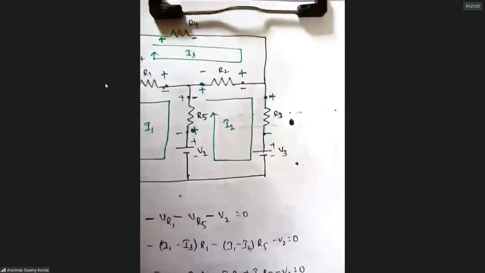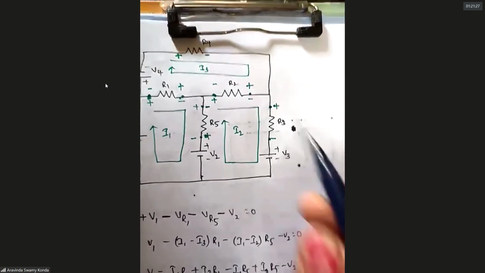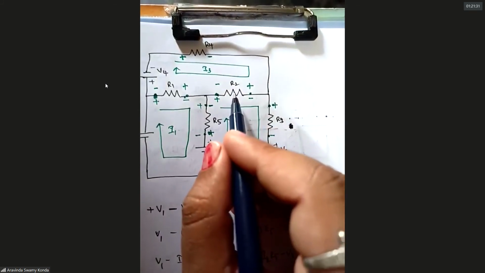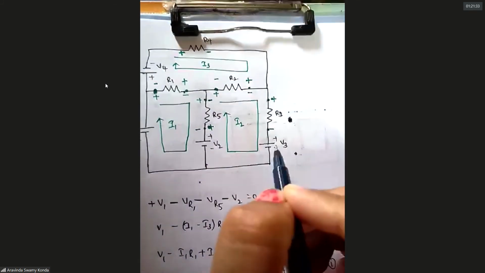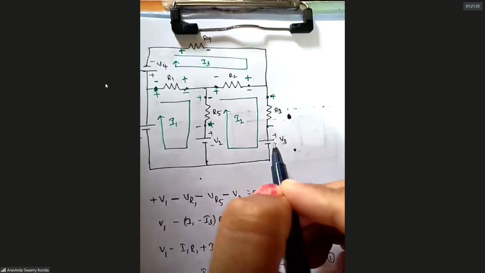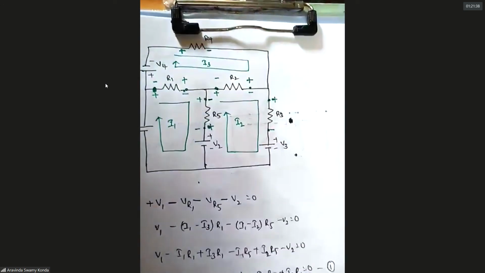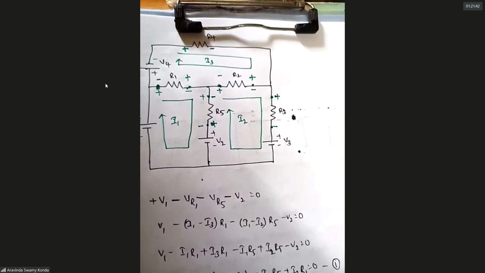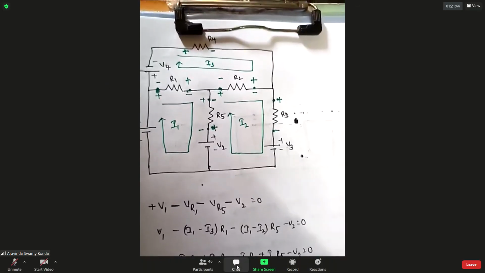Then write the second mesh. How many elements are there for the second mesh? R2, R3, V3, V2, R5. Now please mute all of you.